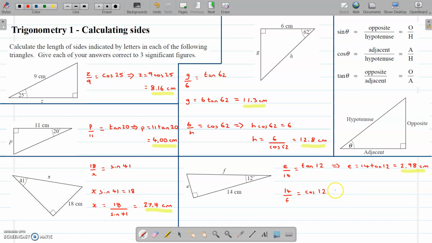Rearranging that, we get 14 equals F cos 12, or F cos 12 is equal to 14. Rearranging that gives us that F is 14 divided by the cos of 12. So 14 over cos 12.